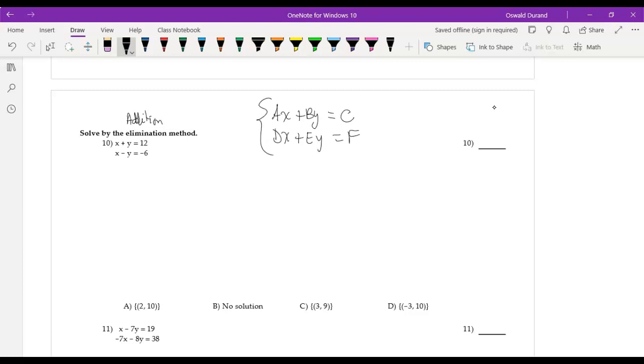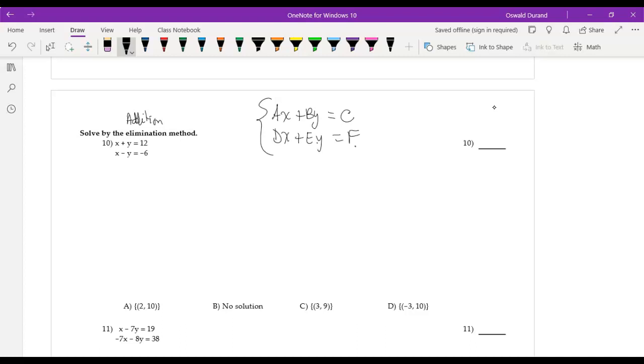If it's not in that format, so the x term is lined up with the x term, the y term with the y term, and the constant with the constant, then you need to rearrange it so it looks like standard form. So that's what we have here, x plus y equal to 12, x minus y equal to negative 6. They're both in standard form.